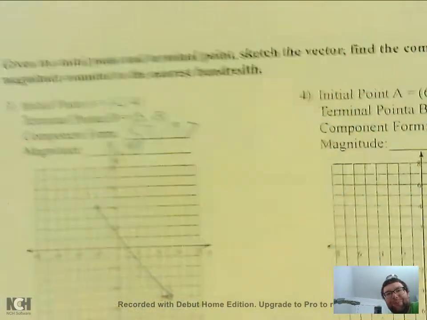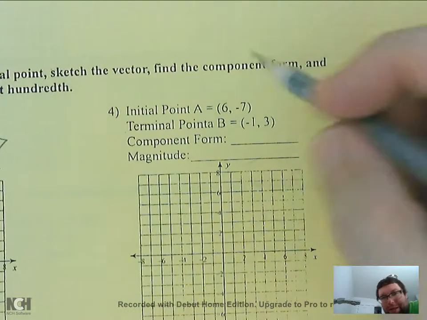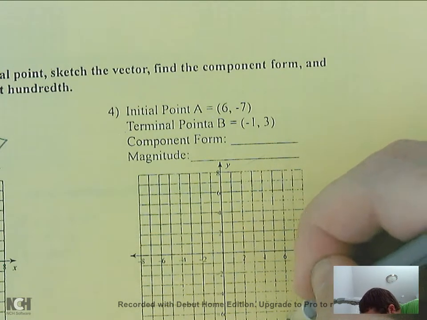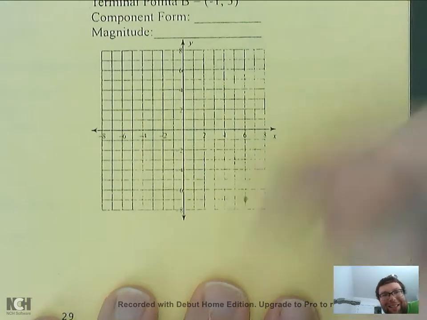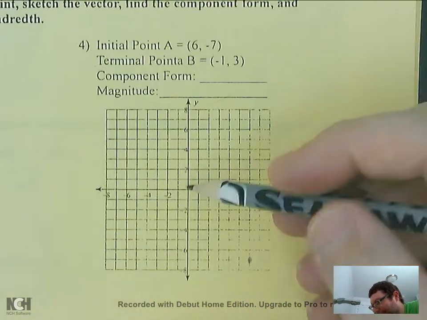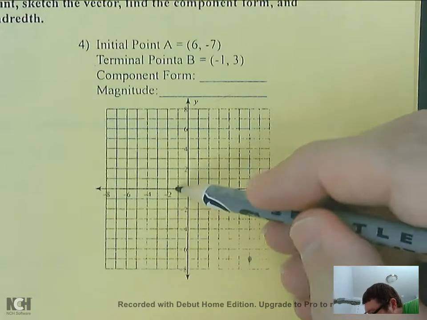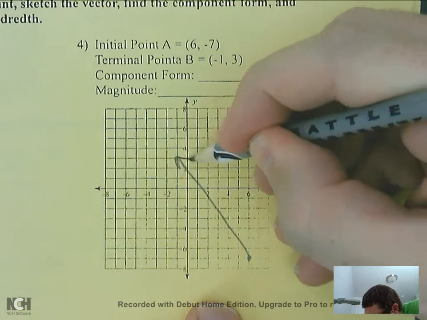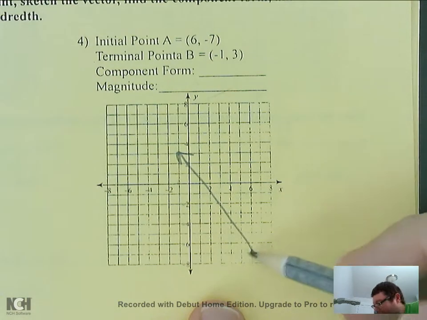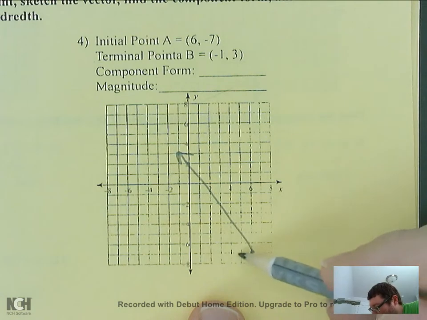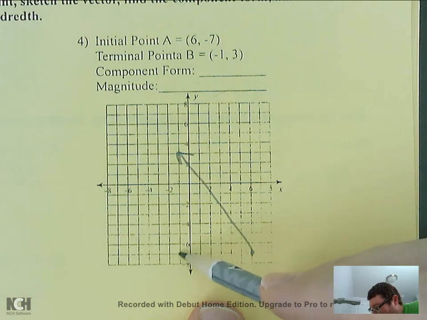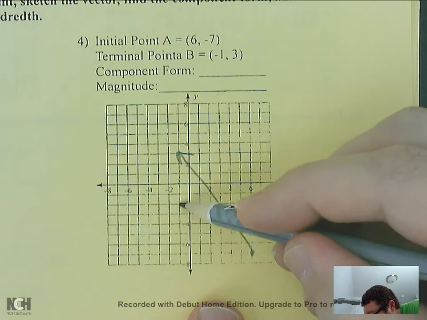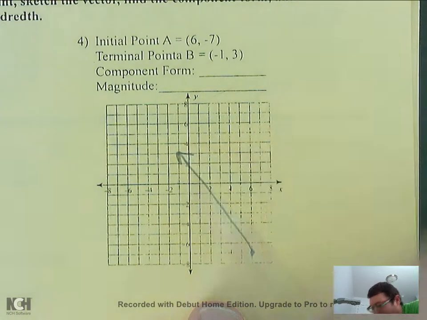Okay? All right, let's try another one. Initial point, that's the starting point. So 6, -7. Okay, and then -1, 3. So here is my resultant vector right there. And again, you just count. It's going over 1, 2, 3, 4, 5, 6, 7 to the left, and 1, 2, 3, 4, 5, 6, 7, 8, 9, 10 up.